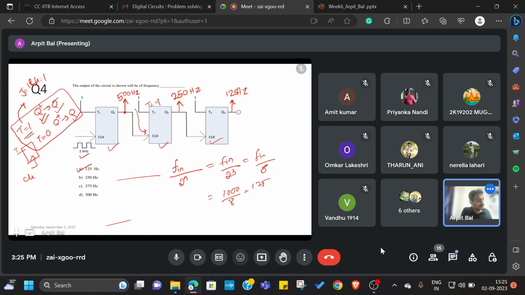I hope question 4 is clear. If anyone has any doubt in question 4, feel free to unmute yourself and ask me. If not, we can proceed with the next question.